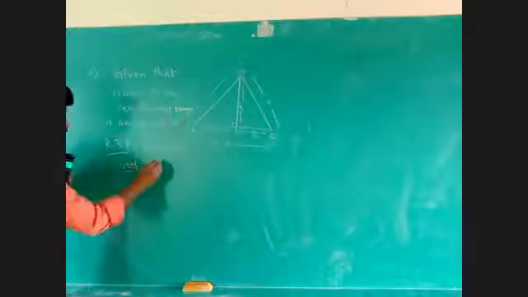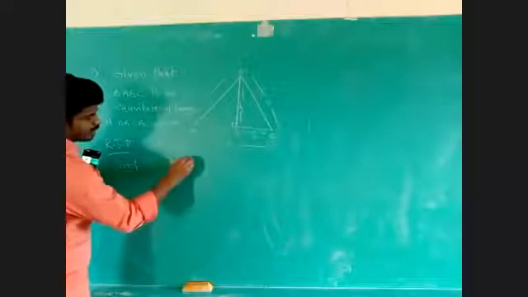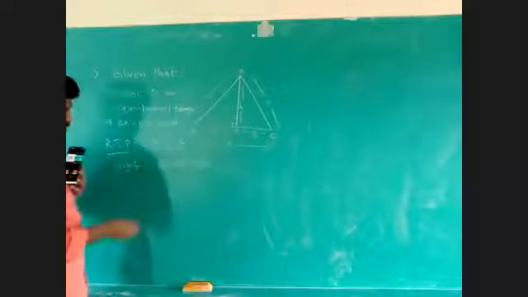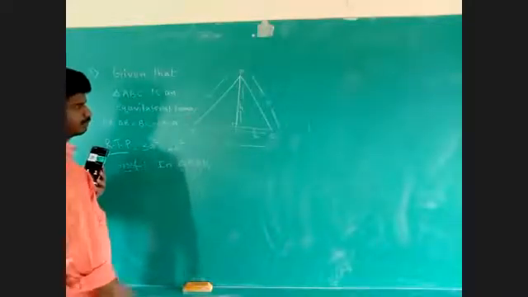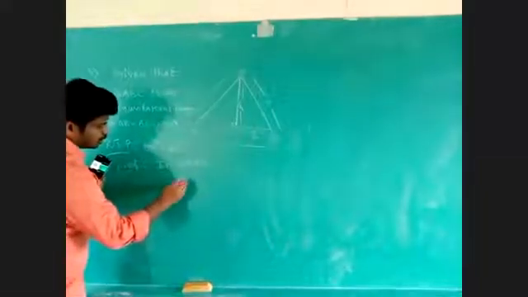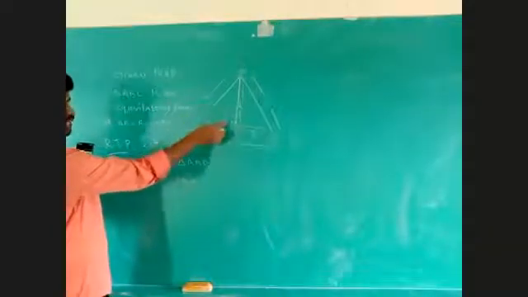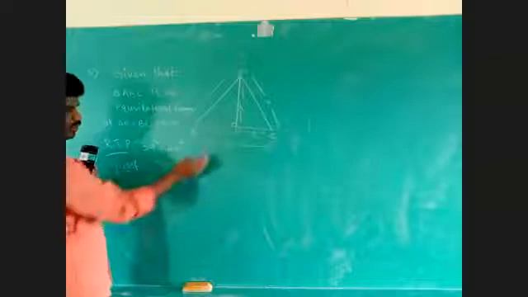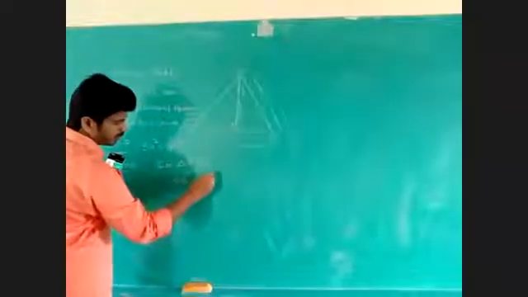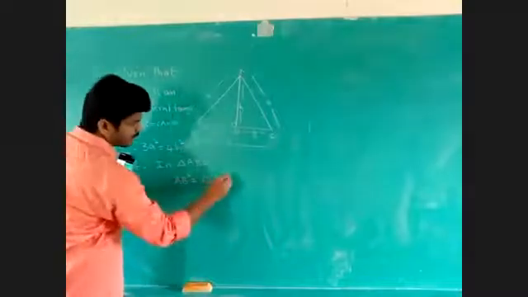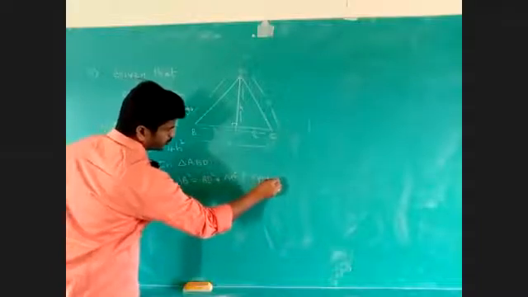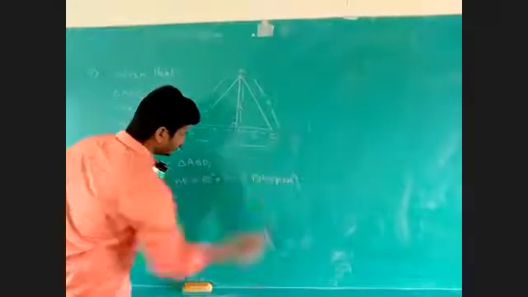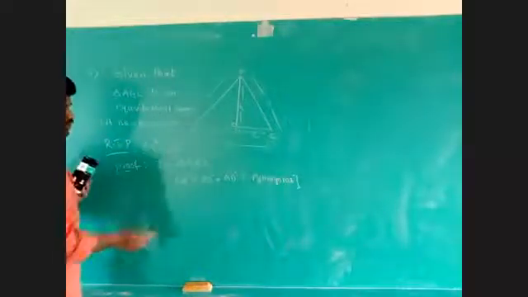In triangle ABD, apply the Pythagoras theorem. AB square is equal to AD square plus BD square. The right angle opposite side is the hypotenuse. Hypotenuse square equals base square plus AD square. Since Pythagoras theorem, here AB equals A units.